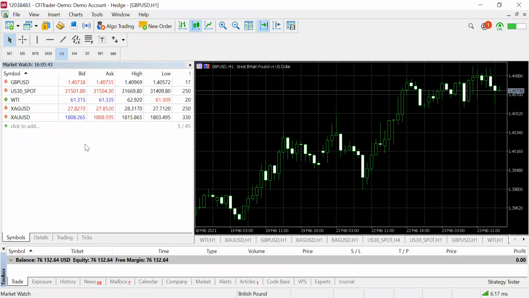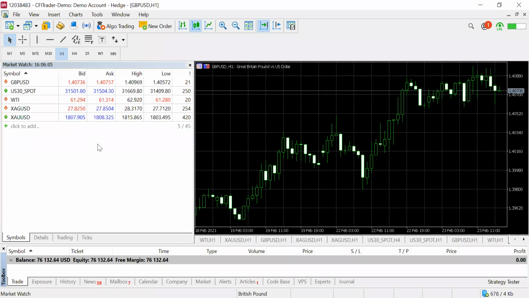Okay, so this is how it looks, as I mentioned before. The first thing you're probably looking at is the market watch, where you can see all the symbols. As you can see over here, the platform by default will only give you a few symbols.